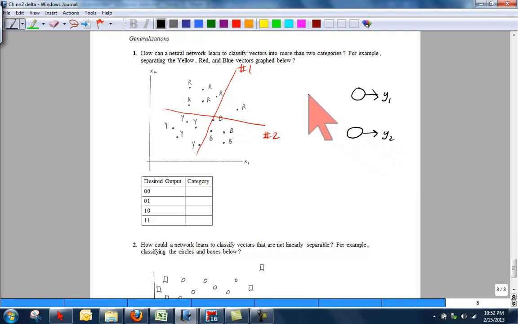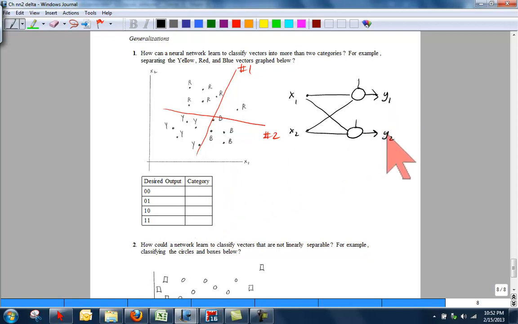And then I have inputs x1 and x2, and each perceptron is going to get each input. And I'm not going to draw the weights here, but there will be a weight on each of these 4 links plus the hardwired one coming in.